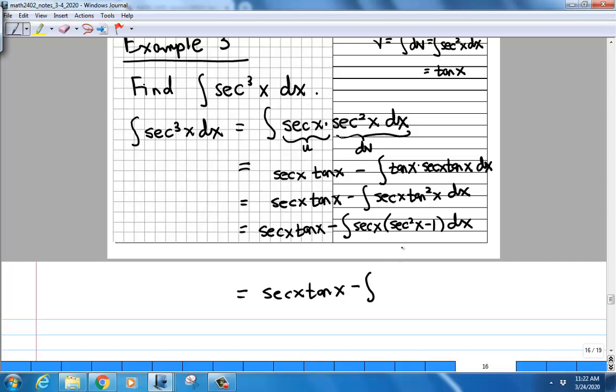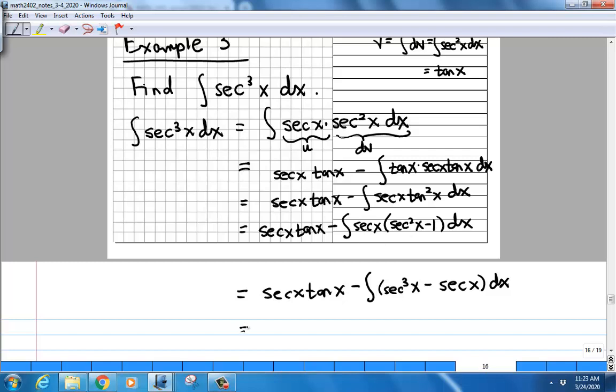but now we're going to see it, because I'm now going to multiply the secant x through this parentheses. So notice I get secant cubed of x minus secant of x. See, secant times secant squared is secant cubed, and secant times minus 1 is minus secant of x.